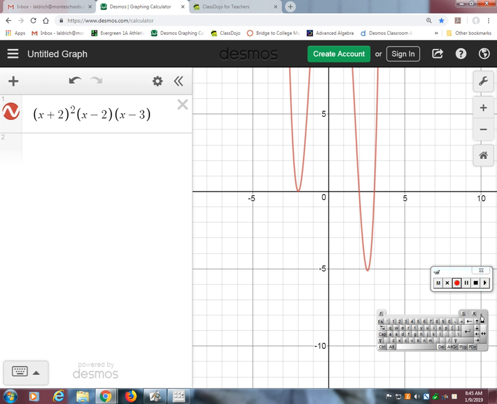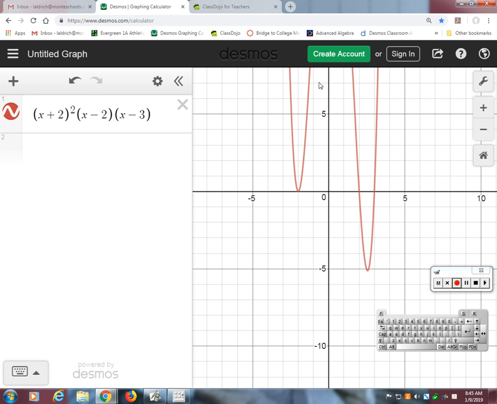This is important. This is how the graph crosses, air quotes, the x-axis 2 times, okay? It doesn't actually cross it 2 times because it can't. What it does is it comes down and it just touches the x-axis, and then it turns around and goes back the same direction.